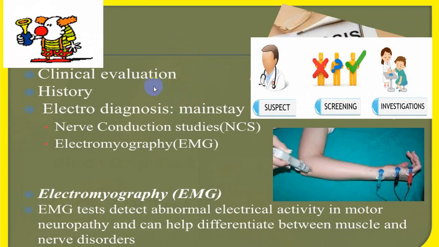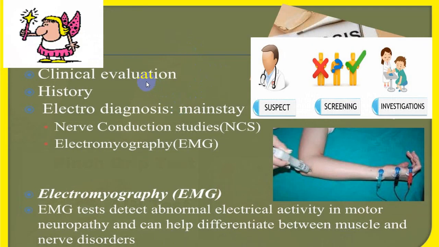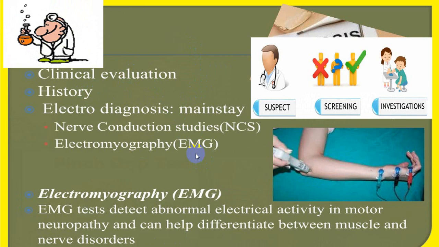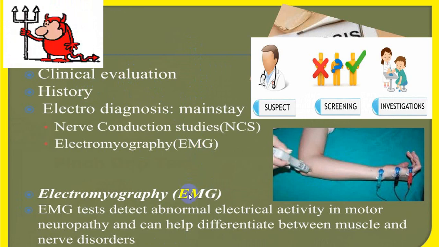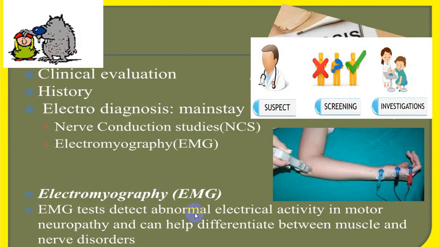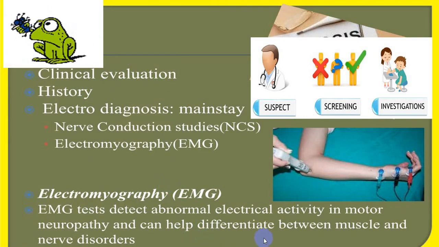So by and large, clinical evaluation is very, very important. Good history, good clinical examination, followed by nerve conduction study and EMG. Already we have mentioned that EMG is not predictive but can be helpful to confirm the motor fiber involvement.